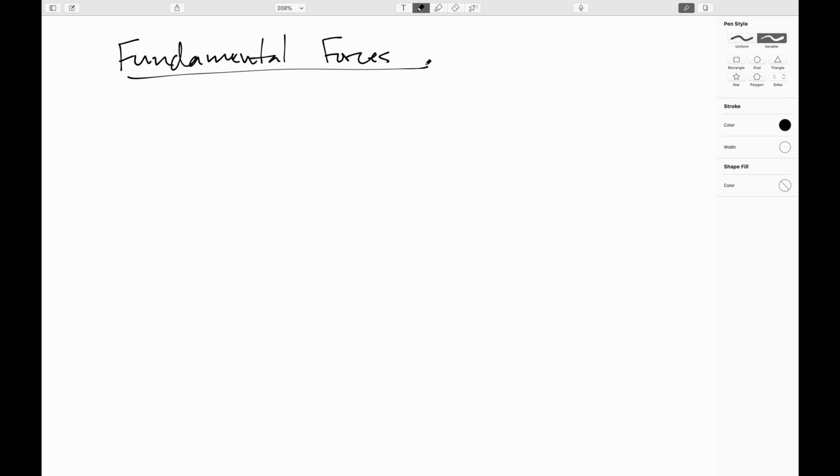So, as best we currently have it modeled, there appear to be three fundamental forces of nature, but that number might be subject to revision, possibly downward. But more on that as we go on.